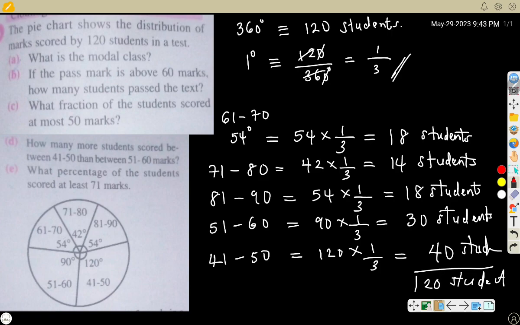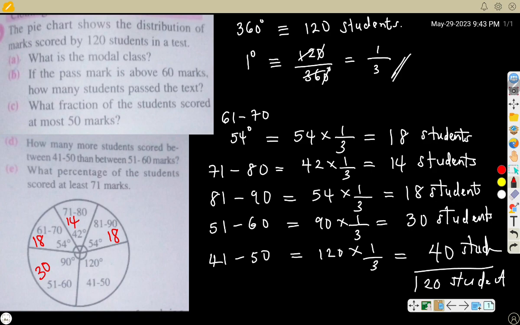So 54 degrees is 18 students. 42 degrees, we have 14 students. 54 degrees, again, we have 18 students. 90 degrees, we have 30 students.